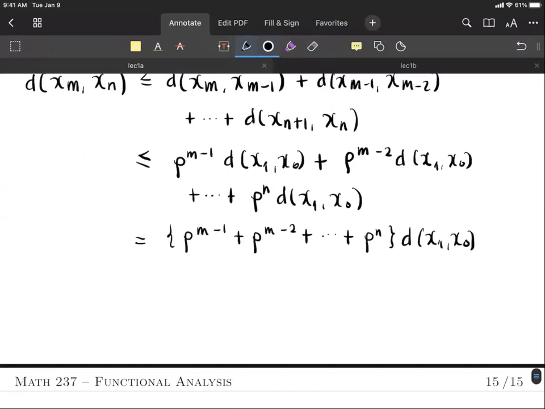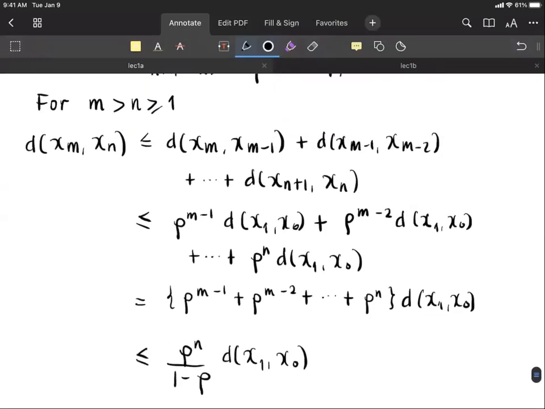So you could see immediately that this is a geometric sequence. And you can estimate the sum of this geometric sequence by rho raised to n over 1 minus rho times the distance between x1 and x0.